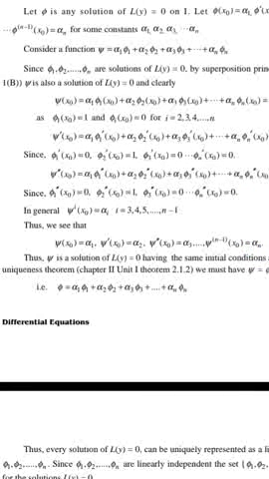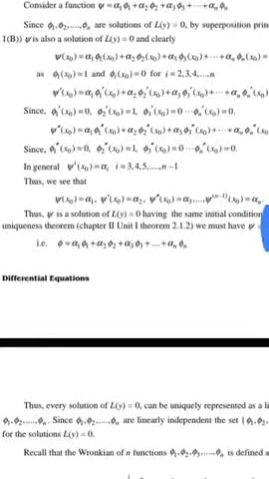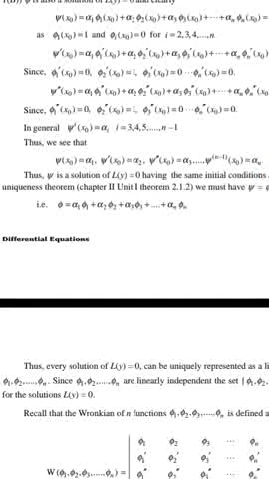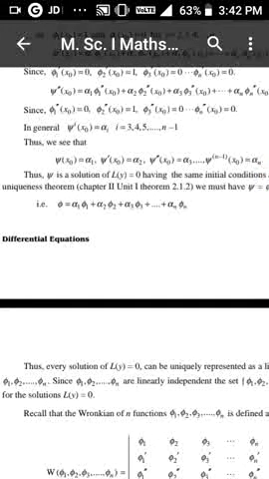In general, psi raised to i minus 1 of x naught is equal to alpha i for i equal to 3, 4, dot dot dot n minus 1. Thus we see that psi of x naught is equal to alpha 1, psi dash of x naught is equal to alpha 2, psi double dash of x naught is equal to alpha 3, dot dot dot psi raised to n minus 1 of x naught is equal to alpha n.